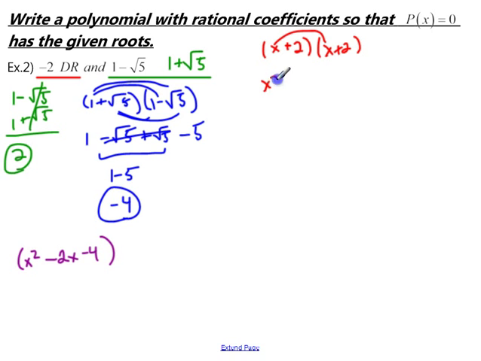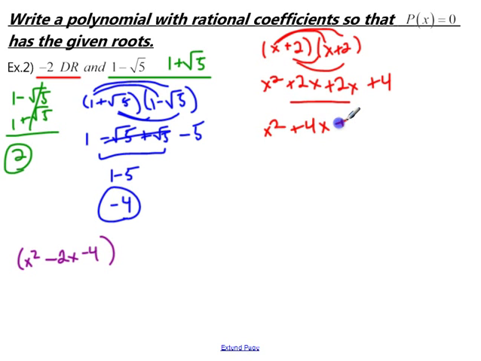We have x squared plus 2x plus 2x plus 4. And then we can combine like terms, so we get x squared plus 4x plus 4.